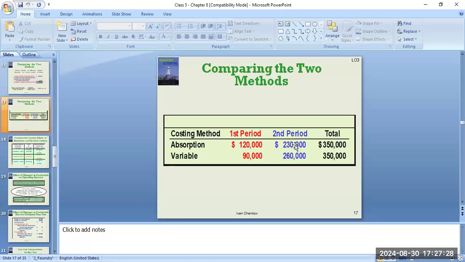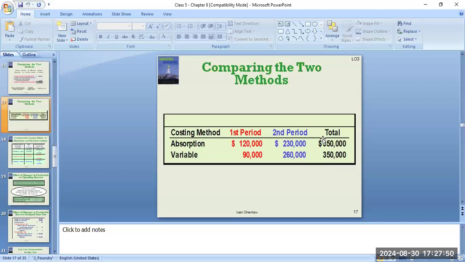In the second period, when we're producing less than what we're selling, or reducing our inventory, variable produces higher income. In total, both systems give us exactly the same result. Again, we cannot change the final number because it's the same information, just a different perspective.